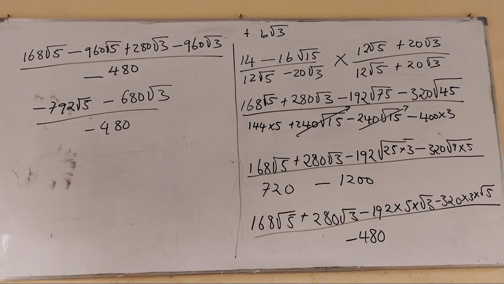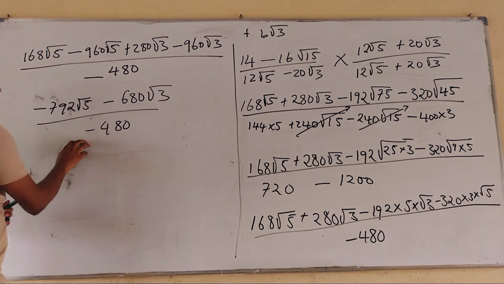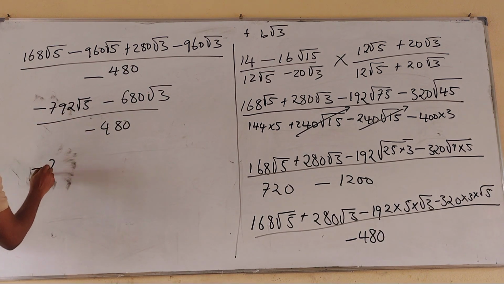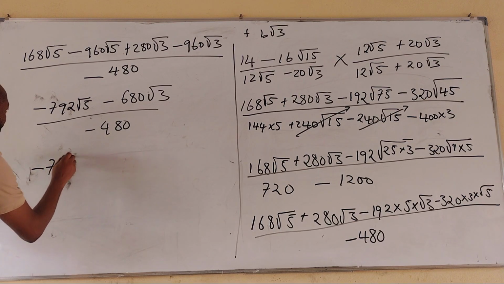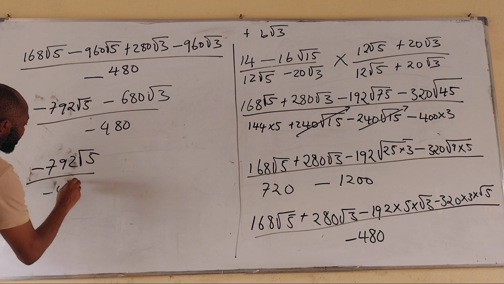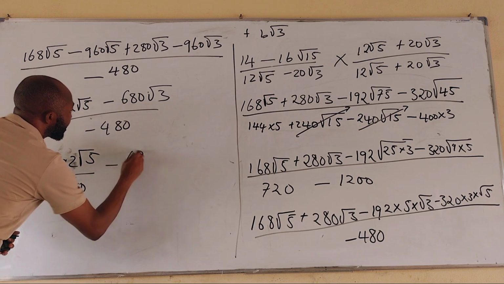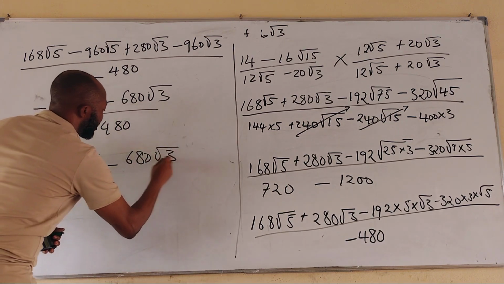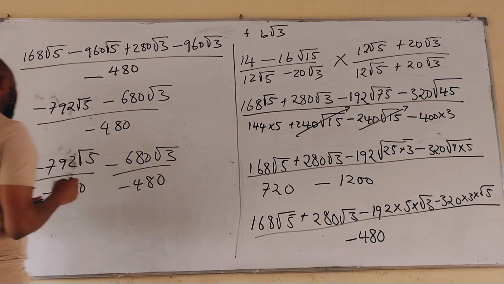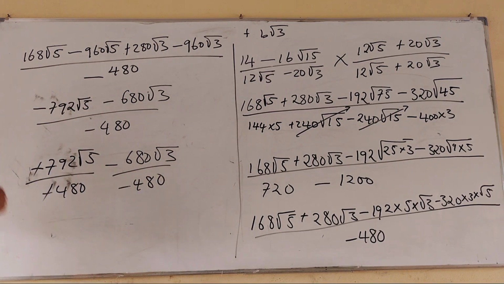This means this divided by this, over this divided by this. So I have my minus 792 root 5 over minus 480, minus 680 root 3 over minus 480. That's what it means. This will cancel this.